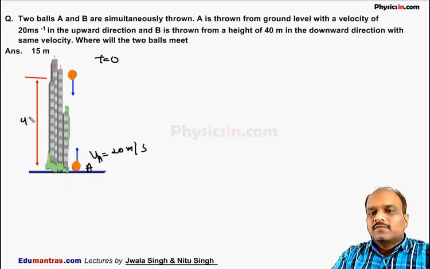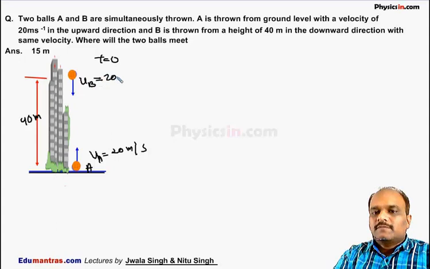So this height is 40 meter. In the downward direction, this is UB, that is equal to 20 meter per second in the downward direction.